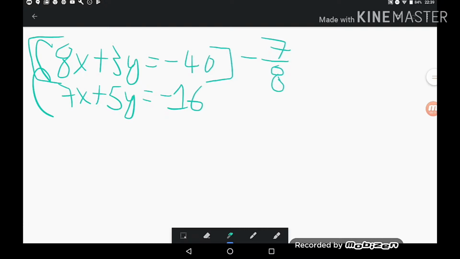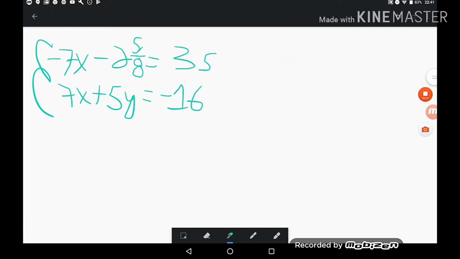And here is your new equation when you multiply this whole top equation by negative 7/8. Negative 7x minus 2 and 5/8 y. Sorry, let me do that very quick. There we go. Alright, so once again, negative 7x minus 2 and 5/8 y equals 35.